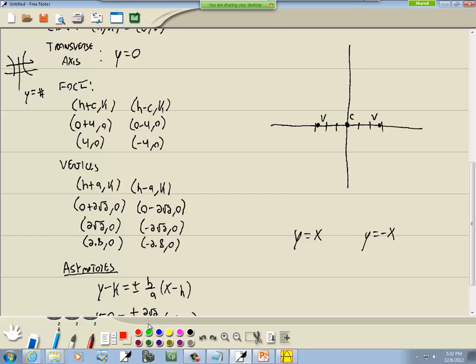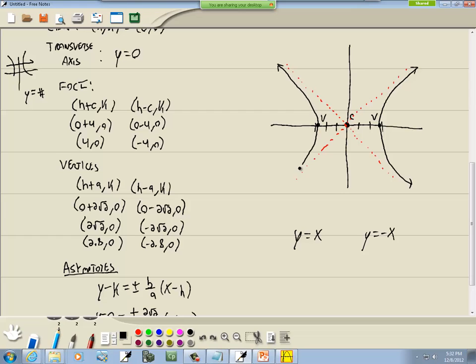So if I come up here for our asymptotes, we'll have this right here. And our graph, if I were to graph this, of course I'd have to plot points to get a little bit more precision. I'm not going to go to that kind of effort.